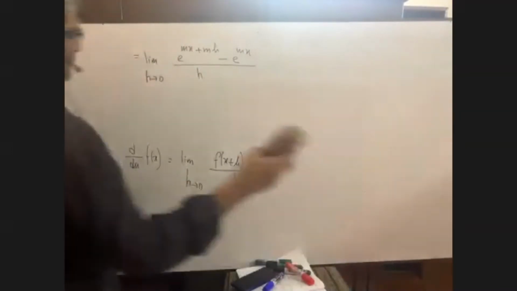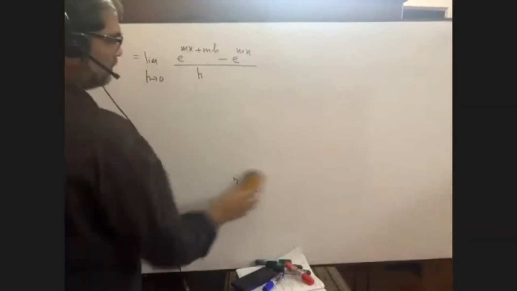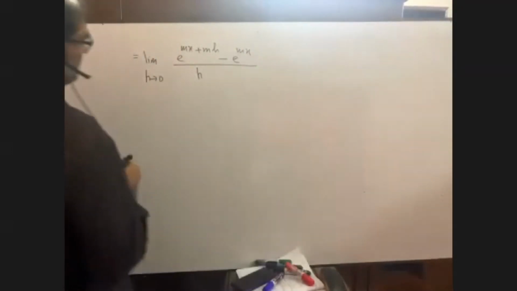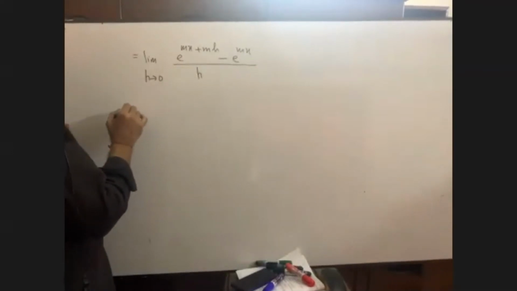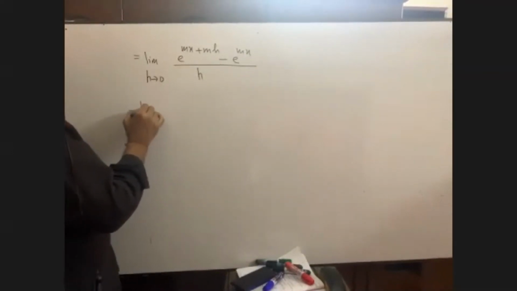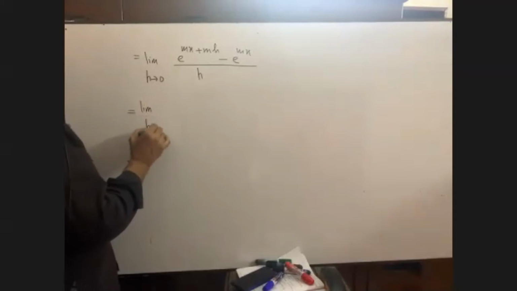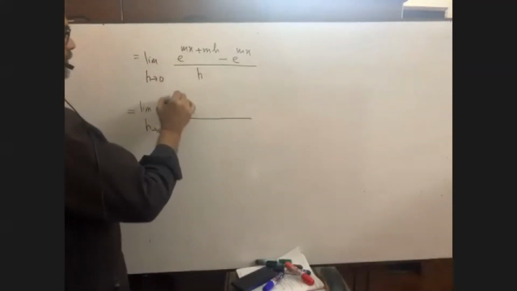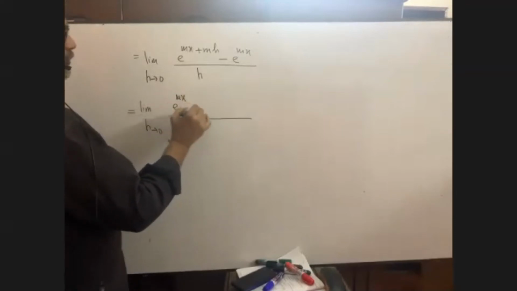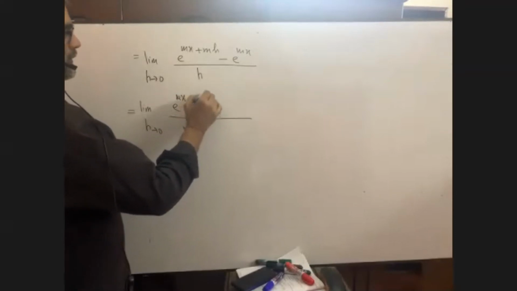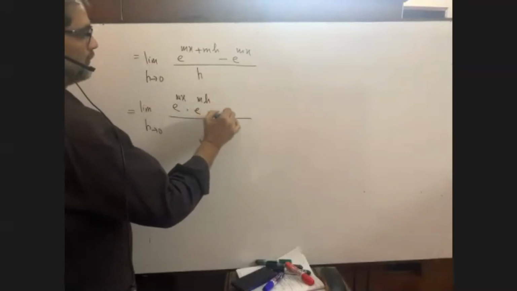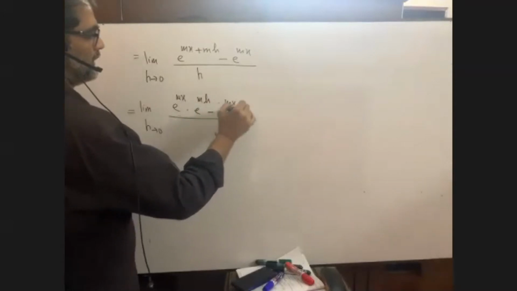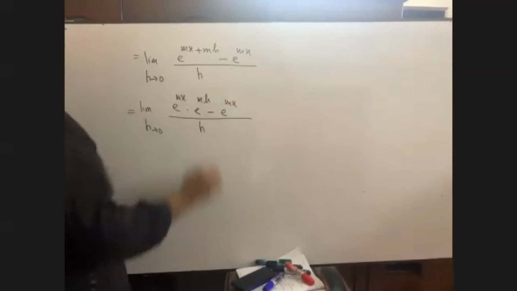Now you see, very easy and simple calculation that we can write here. Limit h tends to 0, it is e to the power mx dot e to the power mh minus e to the power mx. Right?